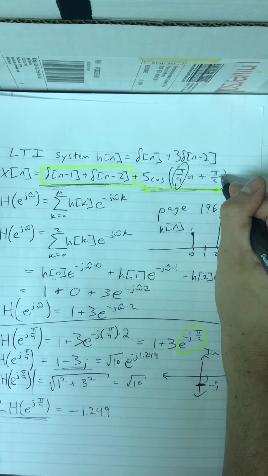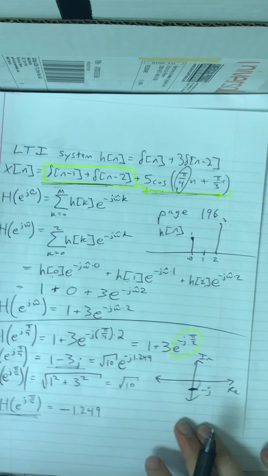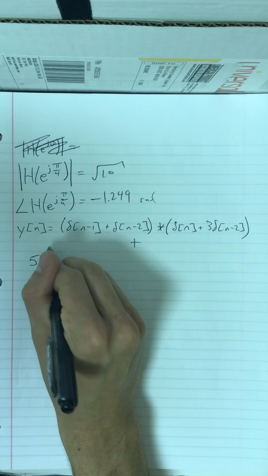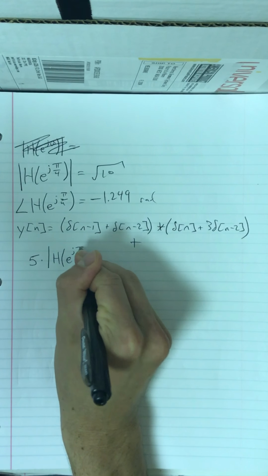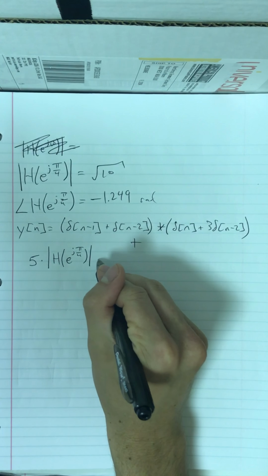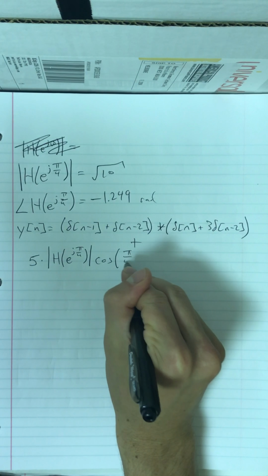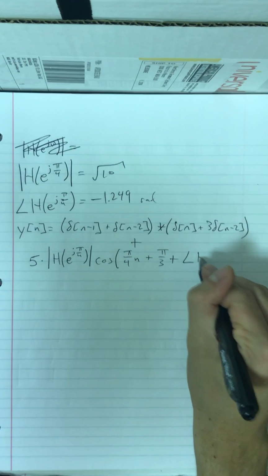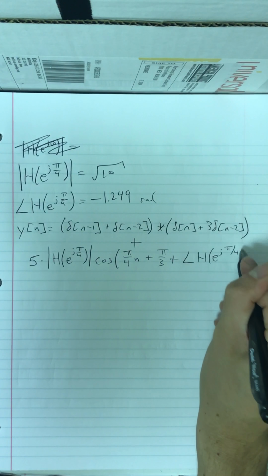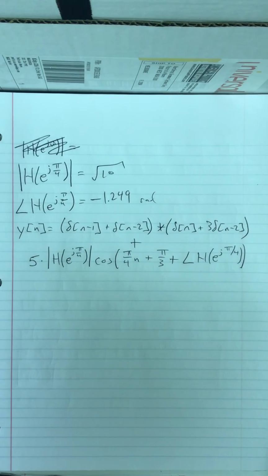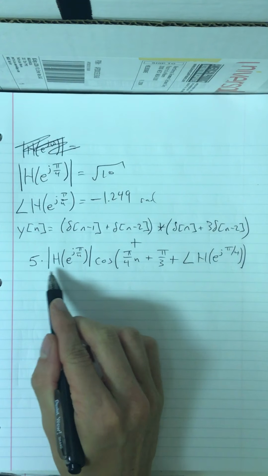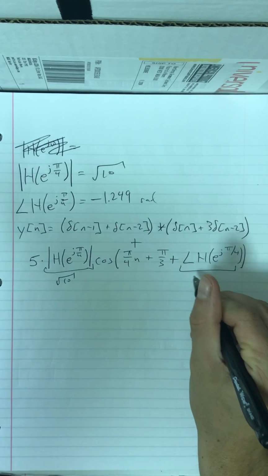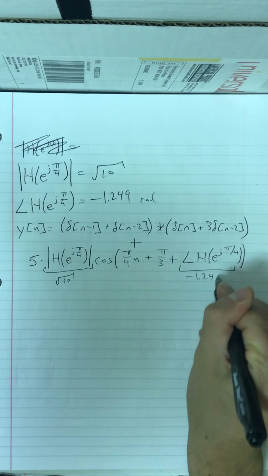So you're going to add this to the phase. So it's going to be 5 times the magnitude response evaluated at pi over 4. Frequency stays the same. And it's going to be plus the phase response evaluated at pi over 4, of course. So, well, we already evaluated this stuff. That's going to be the square root of 10. And this is going to be minus 1.249.